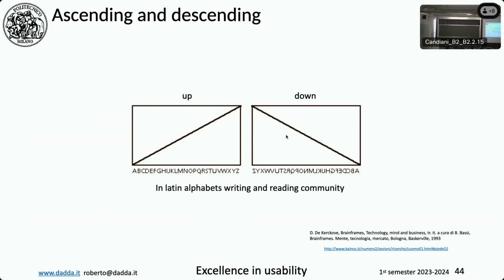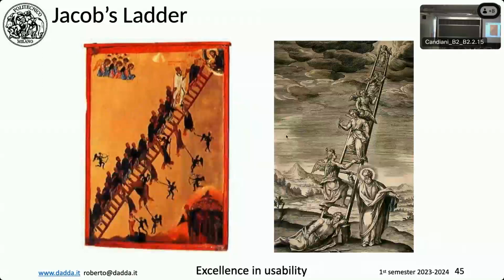As usually happens, artists know this very well. So if you go around and look for something representing people going to the sky, it will almost always be like this, because the perception is they are going up.